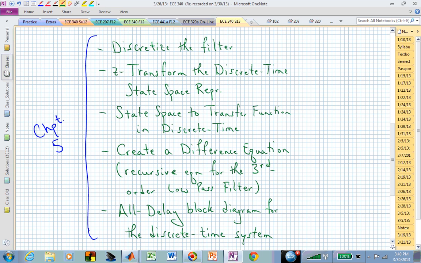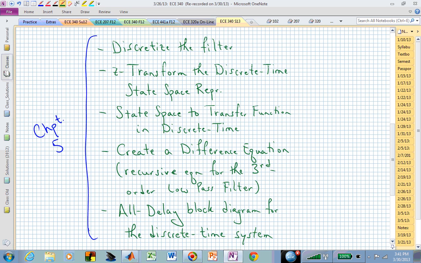We can approximate that and create a discrete time filter. By doing that, if we discretize the filter, we can take the Z transform of that system of equations. That will provide us with the opportunity to go from state space to transfer function.